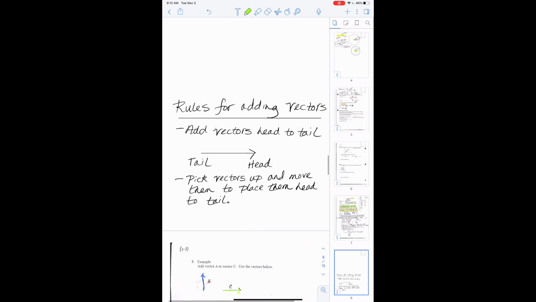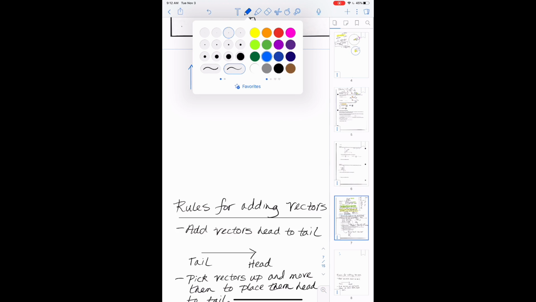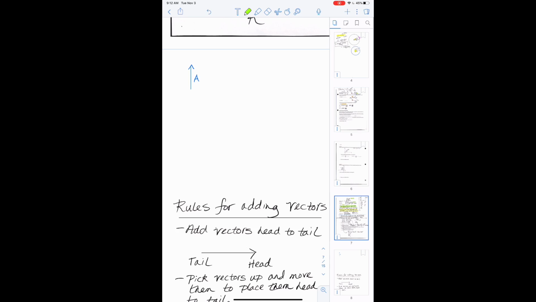All right, so I'm going to pick up these vectors. I think A was pointed straight up, just like that. I'll label it. Can you put a hat over A? Yeah, if you want to, but you don't have to. I'm not going to do it right now, just because I don't want it to look any more complicated than it needs to be. So I have vectors A and C.